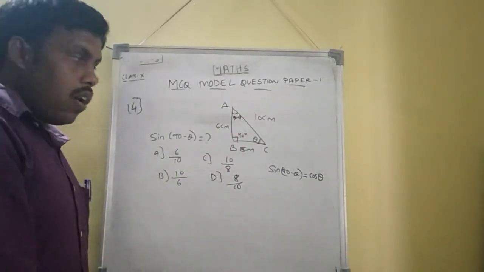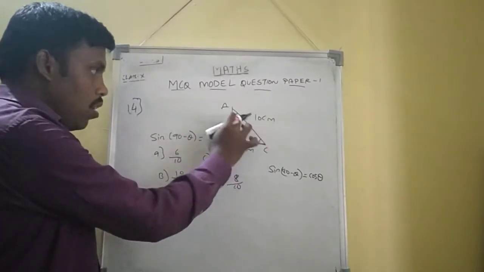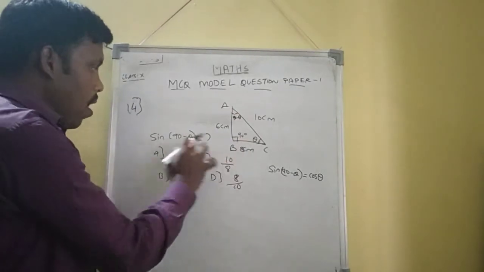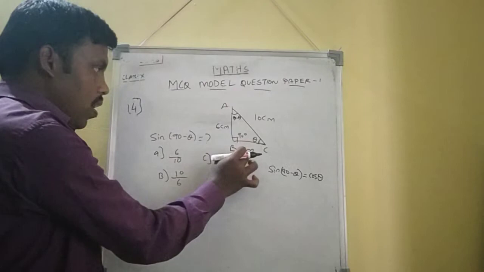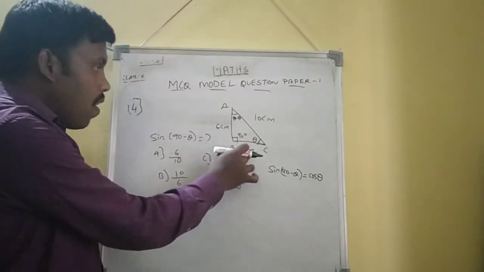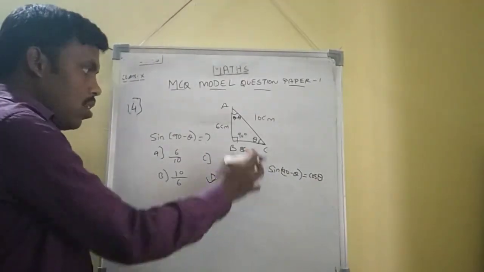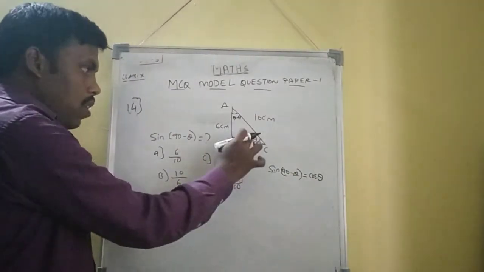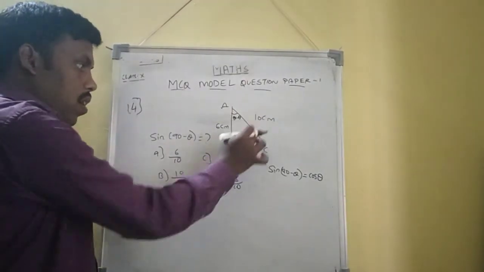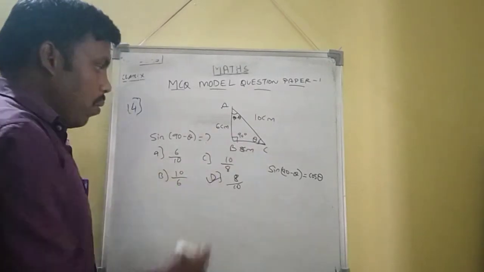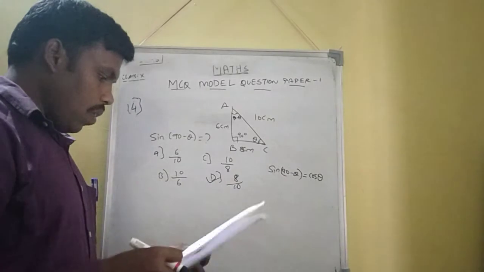If this is theta, this will be 90 minus theta because they are complementary. The ratio of sine is opposite by hypotenuse. With A as the reference angle, the opposite is 8 and the hypotenuse is 10, so 8 by 10. Or you can take cos theta. Cos theta means theta is the reference angle, adjacent by hypotenuse, 8 by 10. So anyhow we can do it. The answer is 8 by 10. Option D is correct. Okay.